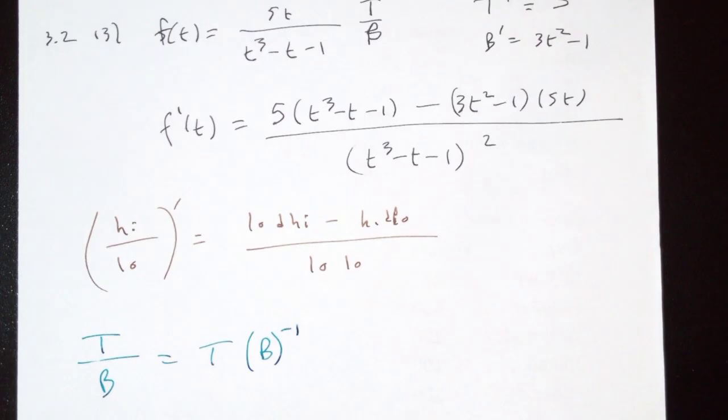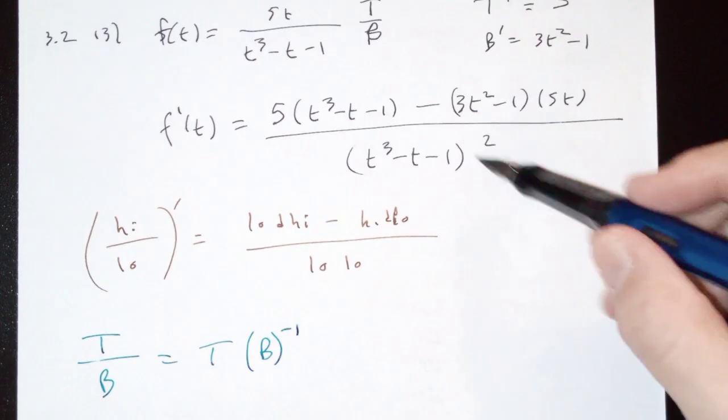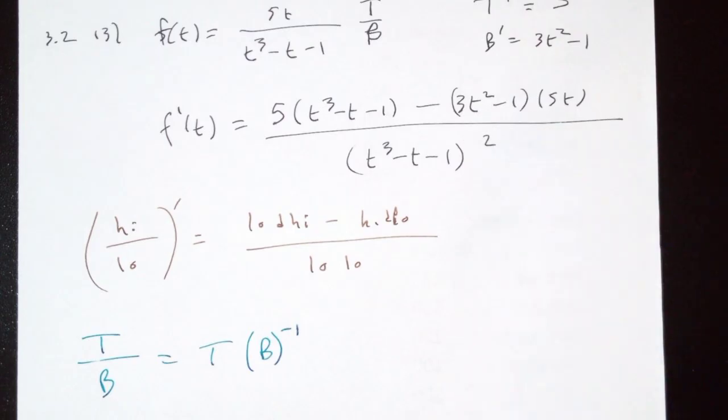Ugly to the -1 becomes -1, ugly to the -2, and that's why the square is on the bottom. And that's where the little nesting doll picture comes into play.